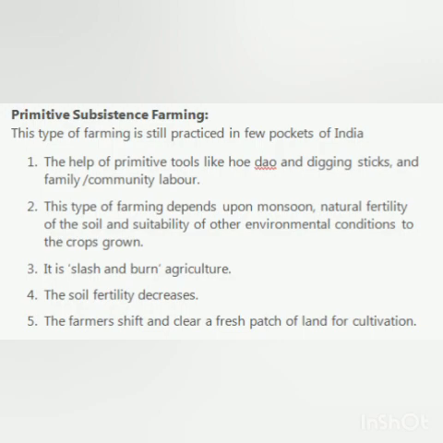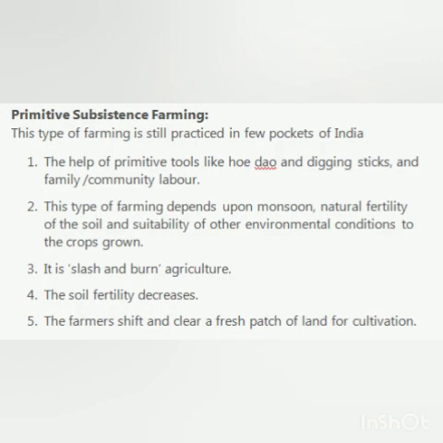At present, in different parts of India, we have seen basically three types of farming: primitive subsistence farming, intensive subsistence farming, and commercial farming.